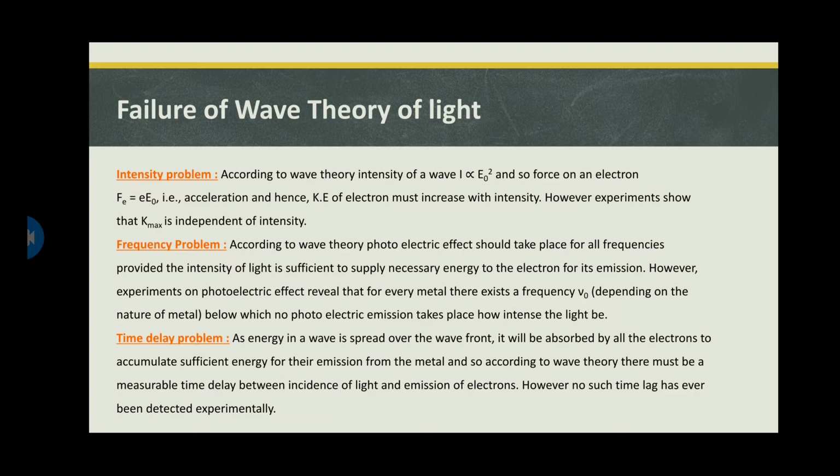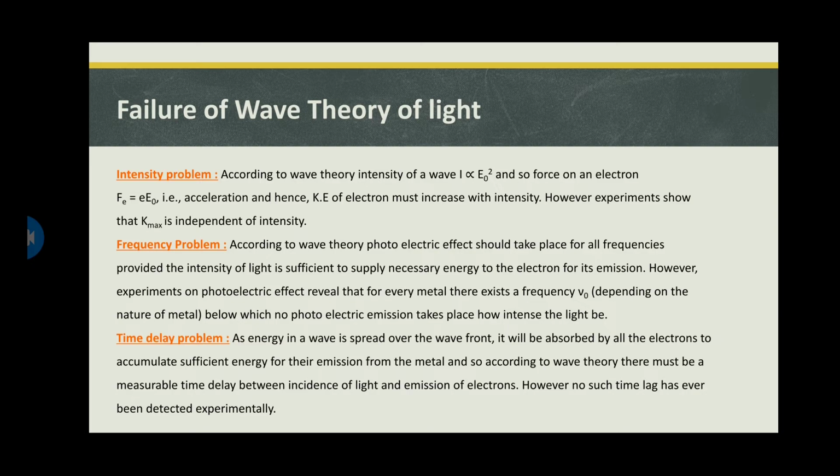This is related to the previous point on intensity. Unless you have the threshold frequency, the electron won't eject from the metal surface, whether you take a large intensity of light or a very small intensity of light.